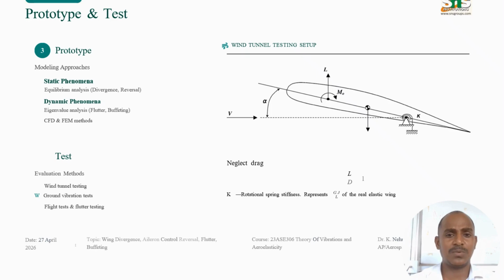Once the solutions are proposed, engineers move to modeling and testing. The testing phase includes equilibrium analysis, flutter prediction models, and testing like wind tunnels, ground vibration testing, and flight flutter testing. These methods validate aircraft safety before service.